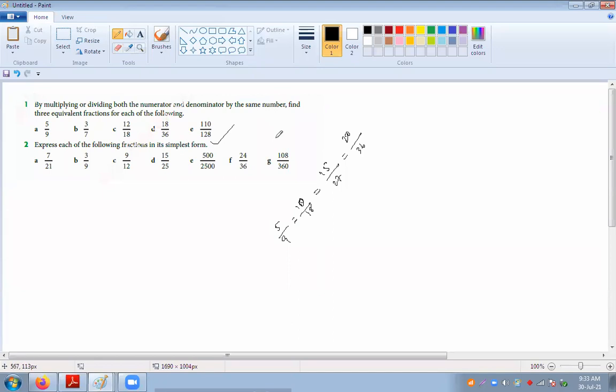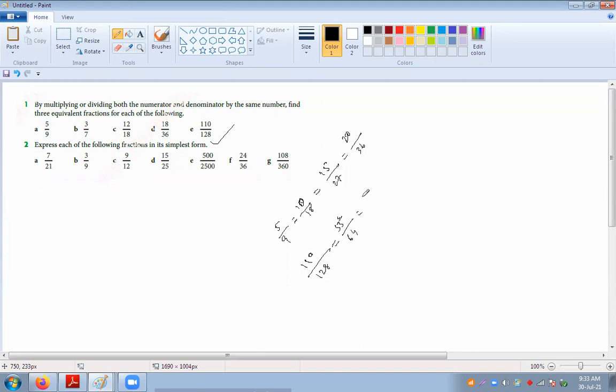So this way you will do all of these. And not only multiplication, you can also divide with the same number. As this is 110 and 128, we will divide both by 2 and we get 55 by 64.